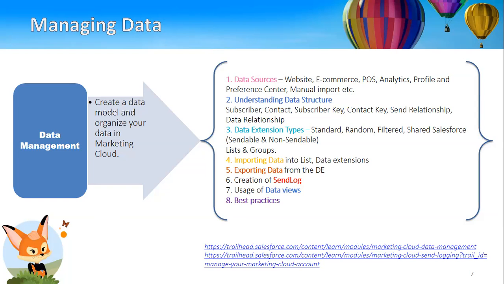Based on your requirements, say if you want subscriber key, email address, or the event date, like when they opened or clicked the email, you can go to the help document and find it based on the table you are referring to. As I mentioned, there are multiple data views available, like opens, clicks, unsubscribe, bounce, subscriber, journey, jobs, there are many. So you can look into the help documentation for more details.